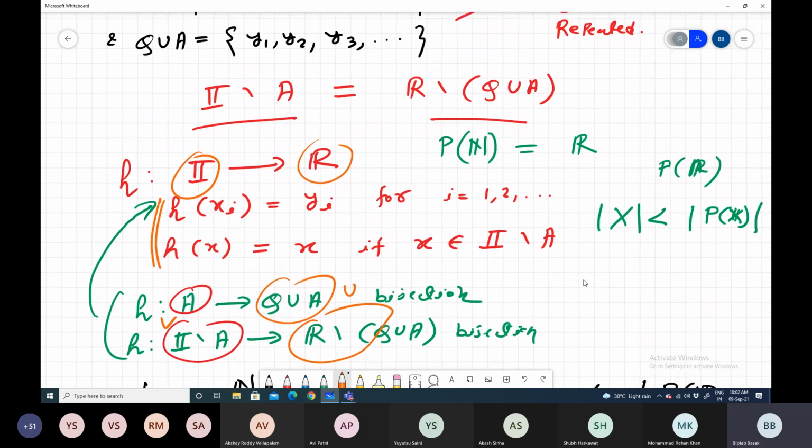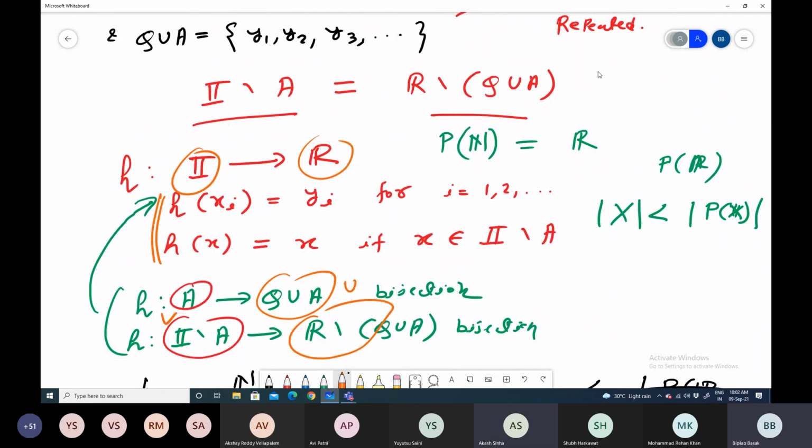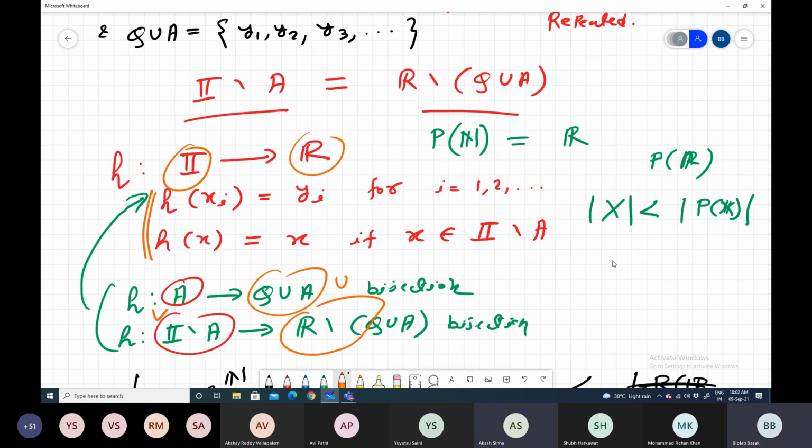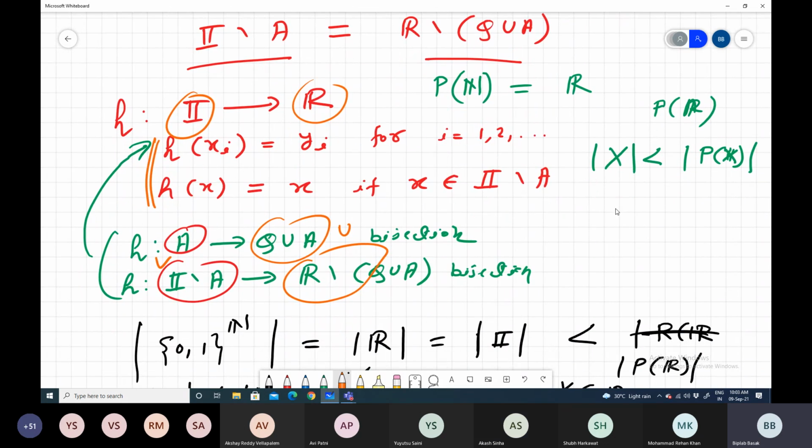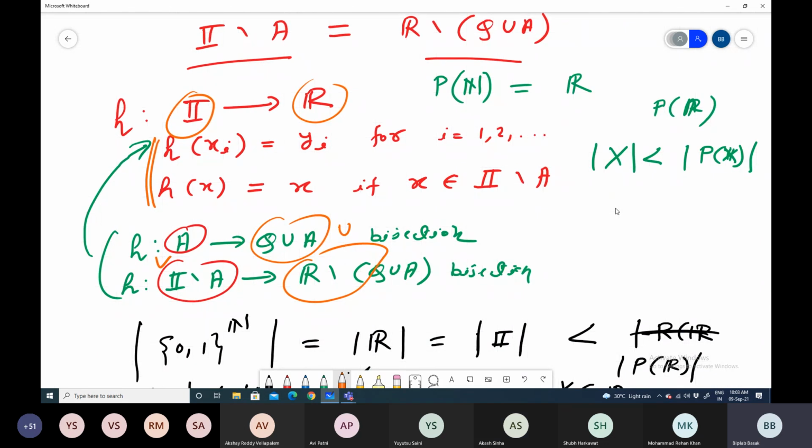What should I explain? After that, I minus A is equal to R minus Q union A. Now after that, what we are doing actually: see this set and this set, they are the same set, right? Yes, sir. I minus A and R minus Q union A are the same set. So since they are the same set, we just define h of x equal to x.